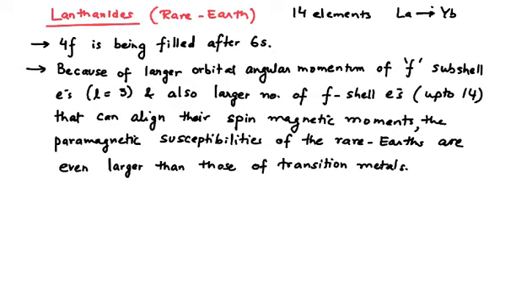Because of the larger orbital angular momentum of f subshell electrons and also the larger number of f shell electrons that can align their spin magnetic moments, the paramagnetic susceptibility of the rare earths is even larger than that of transition metals.